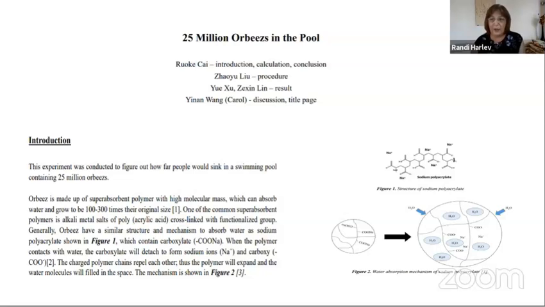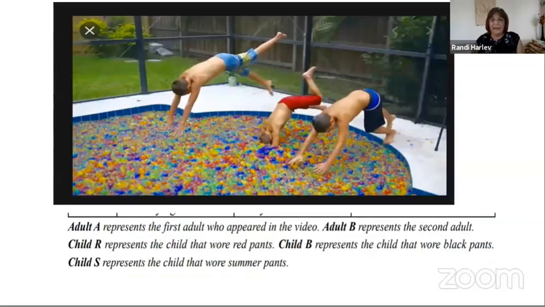And I want to share one of the group's development because it was extremely impressive, and we were kind of blown away. So in this case, they first went about explaining what Orbeez were and what the experiment was about. They had a very clear introduction. They then did something that surprised us.